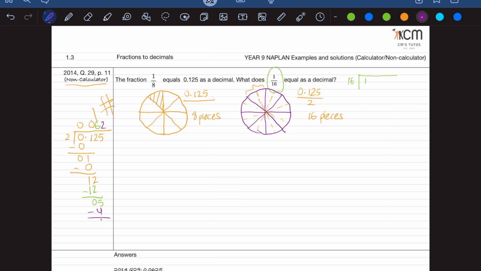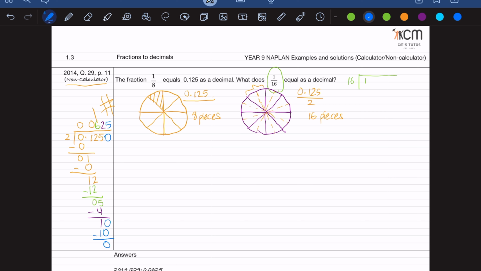There's a remainder of 1, and there's only one digit to work with. So what we need to do is add a 0 there, drag that 0 down. What multiplies by 2 will give us 10? 2 times 5 will give us 10. So the remainder is 0.